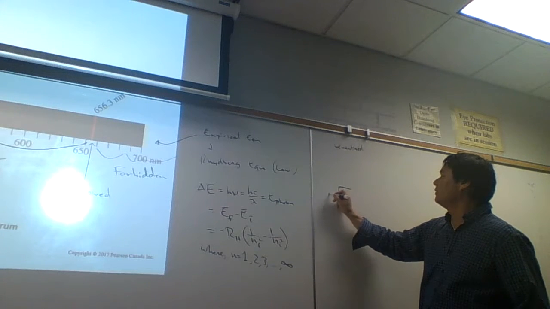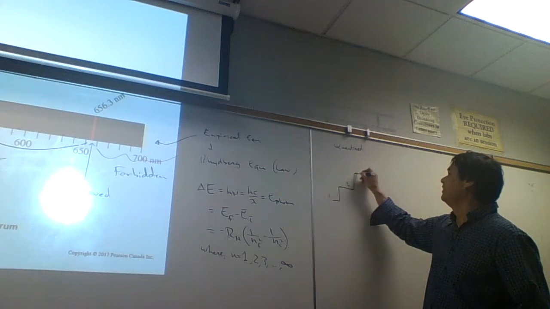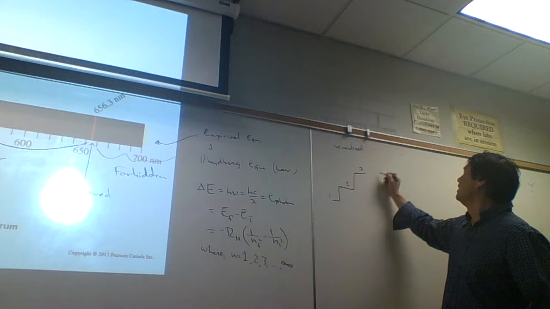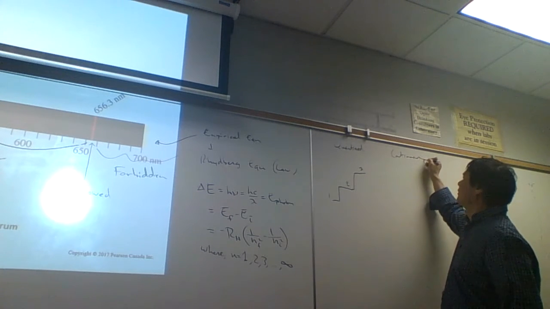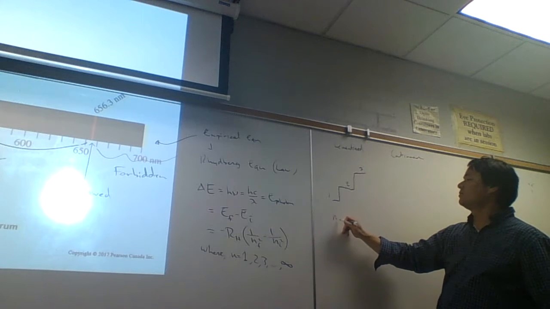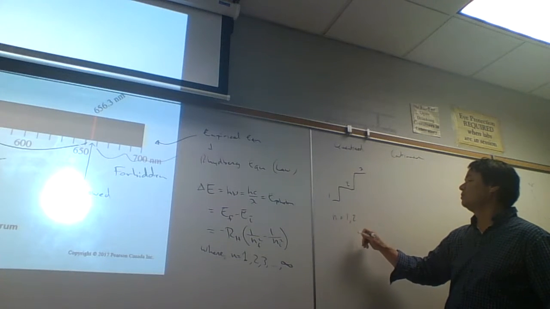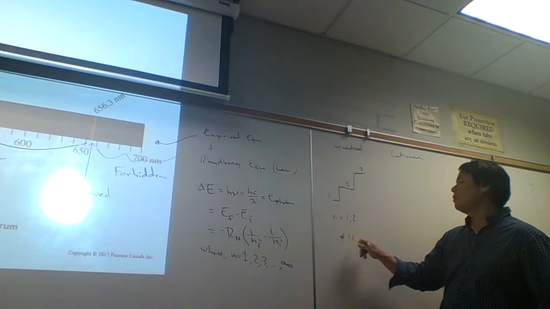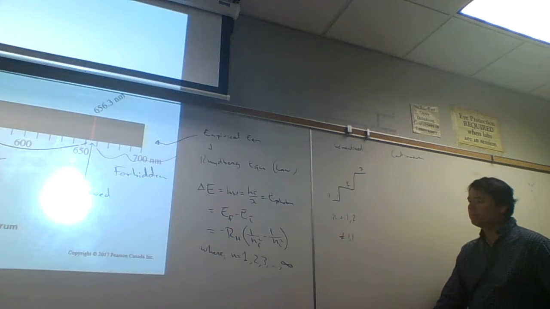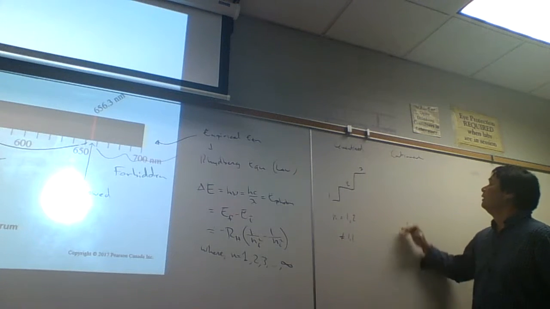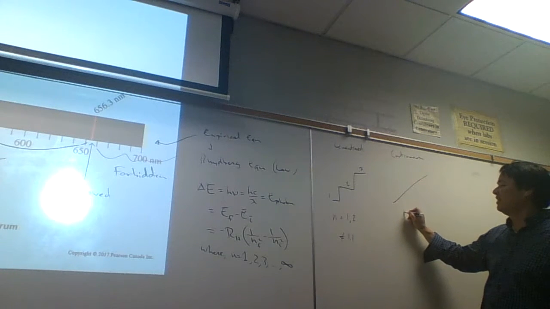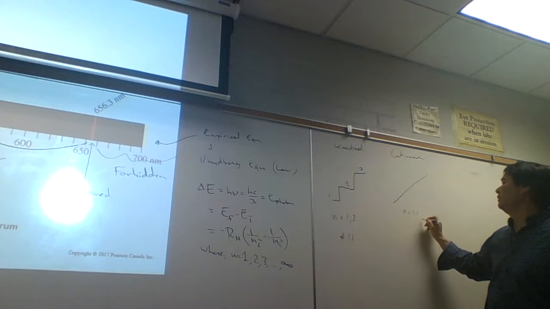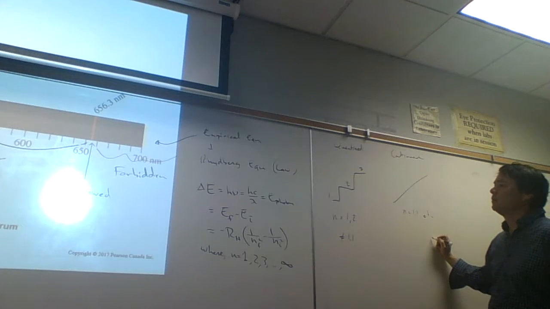We have the first floor, the second floor, third floor, like this, versus continuous. And so the quantization comes from here, n equals 1, 2, but it cannot equal 1.1. That's forbidden. Continuous, we could have any value of n. n can equal 1.1, etc. It'd be continuous.